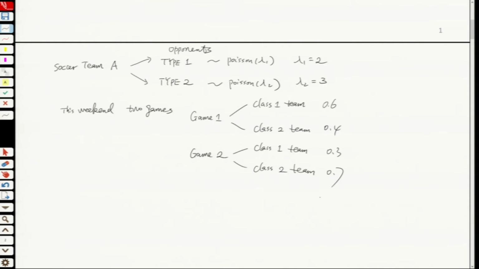Now, the first problem. The expected number of goals team A will score in this weekend.